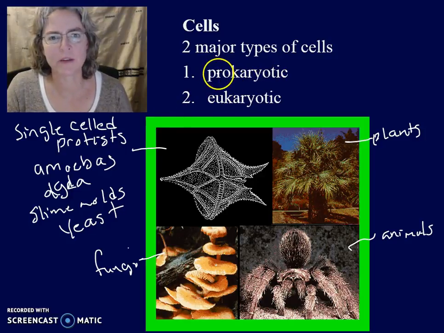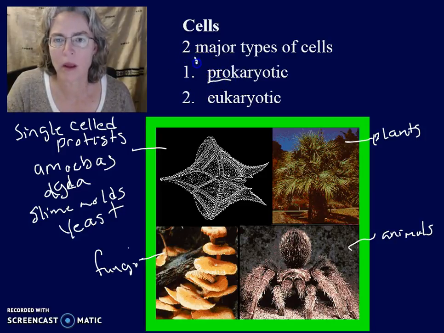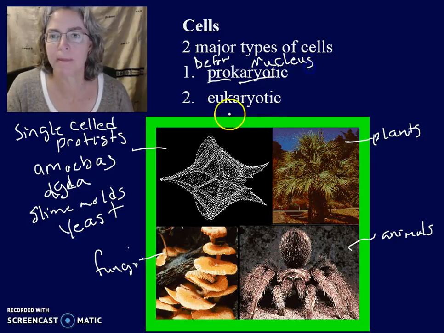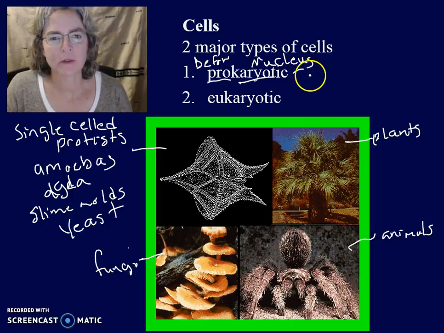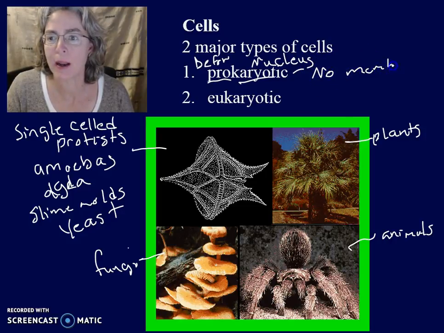So, what's the difference between the two, a prokaryote and a eukaryote? So, pro means before, karyon means nucleus. So the main difference between them is that a prokaryote with prokaryotic cells has no membrane-bound nucleus.